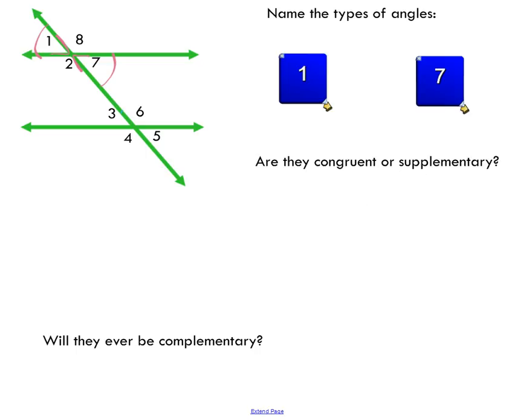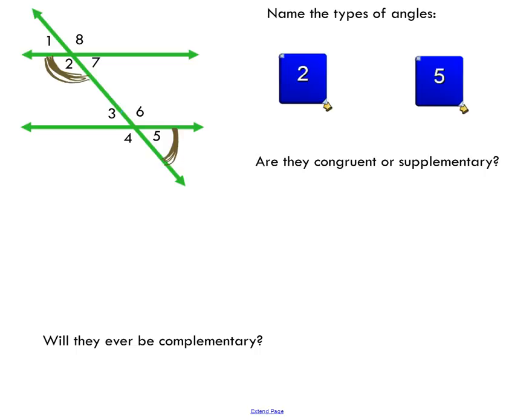Let's try again. 2 and 5. Just by looking, I can tell that there's no way they're the same. 2 is very large, and 5 is very small. So this one's an obtuse, this one's an acute. This one's more than 90, this one's less than 90.